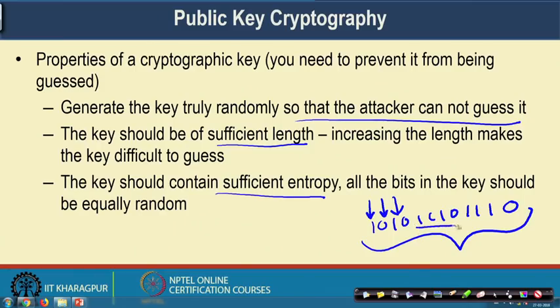In case an attacker is able to guess some partial bit pattern, it becomes easier for the attacker to guess the entire key. That is why you need to preserve the entropy of a particular key, so that all the bits in the key are equally random.